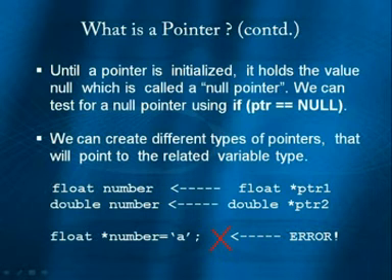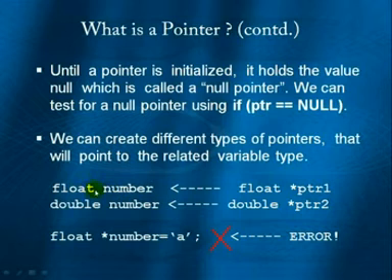The pointers that we declare can be of any data type, such as integer, double, or float. Here we have a pointer called ptr1, which is a float pointer, which points to a float number. It can only point to a float number.